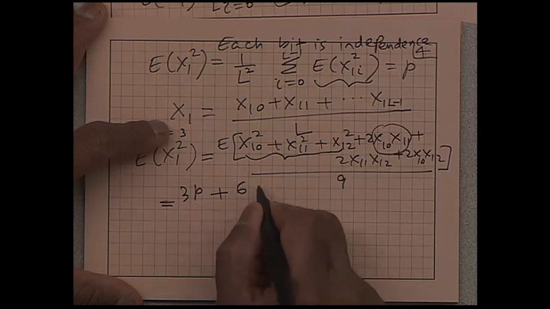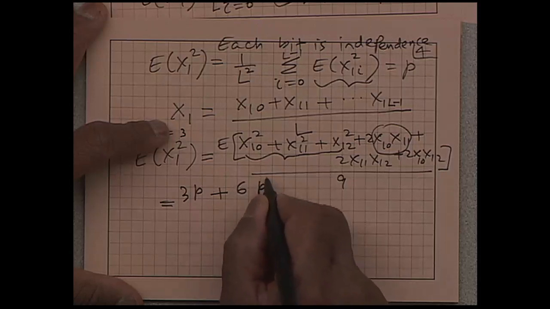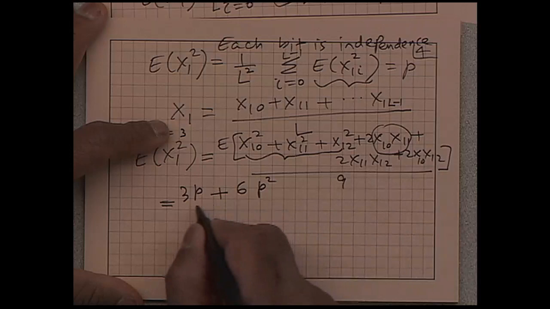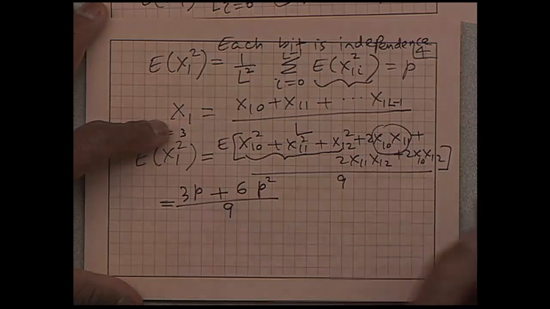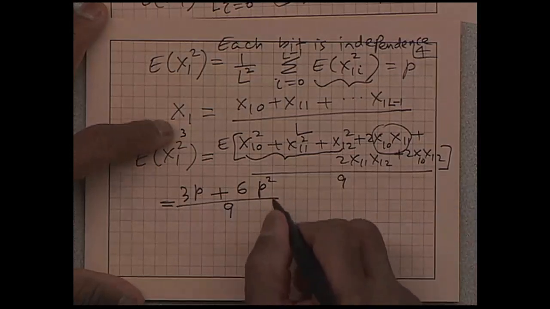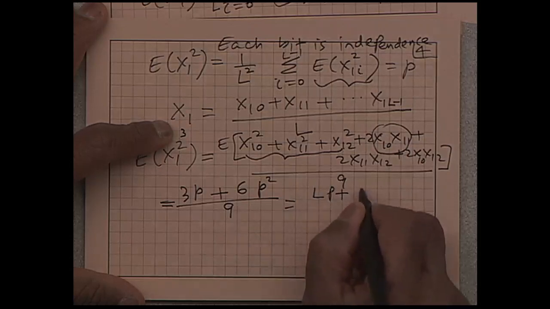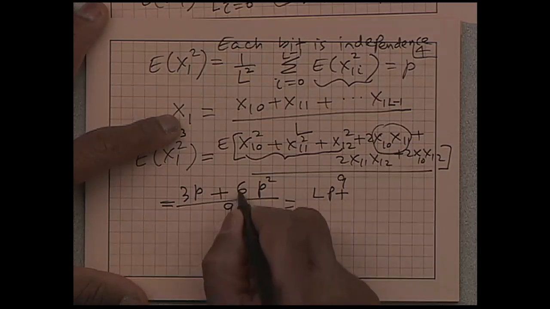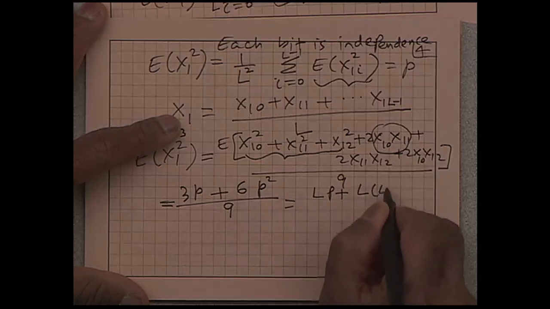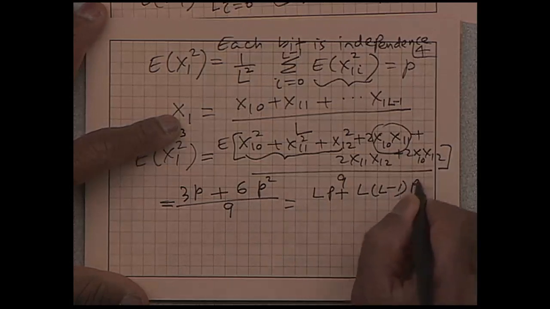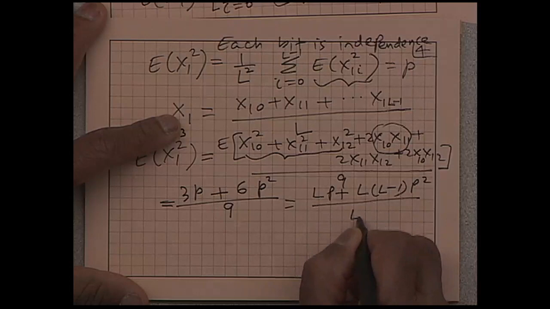So this is going to be 6 times P squared, 2P squared times 3, divided by 9. In general, this is going to be L times P plus L squared minus L, that is L times L minus 1, times P squared, divided by L squared.